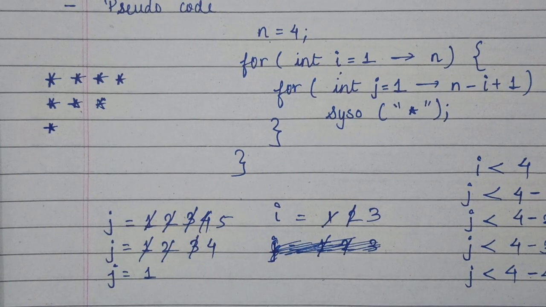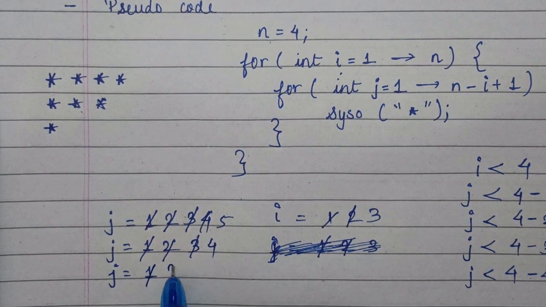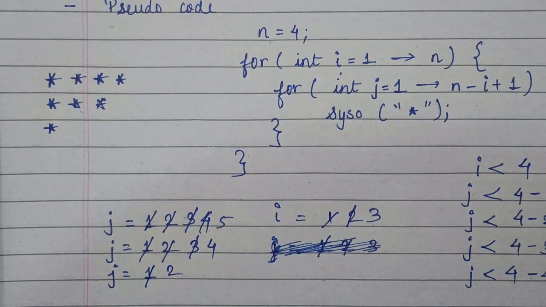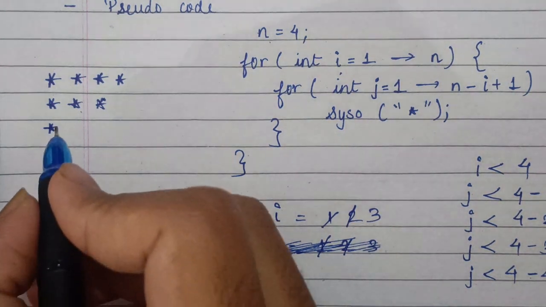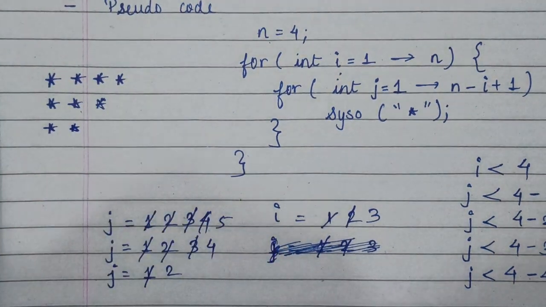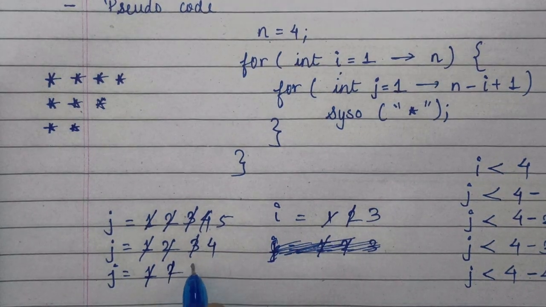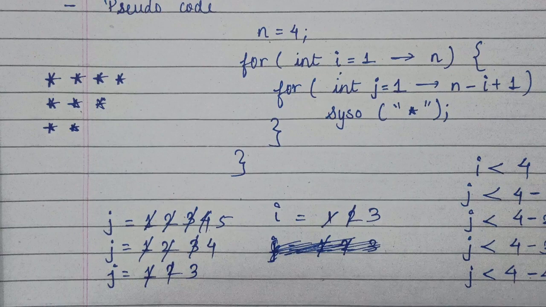Okay, now j's value gets updated by 1. Okay, is j's value 2 less than or equal to 2? The condition is true, then it will print a star. Now j value gets again updated. Is 3 less than or equal to 2?